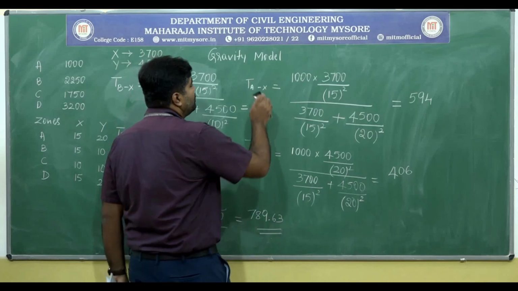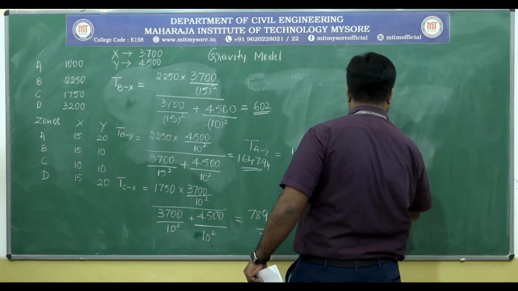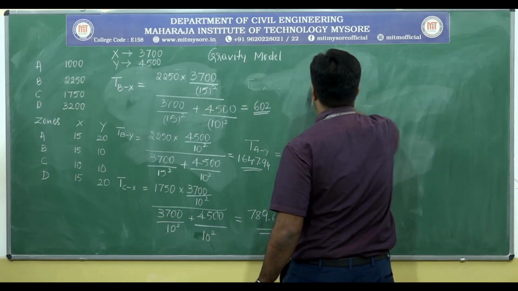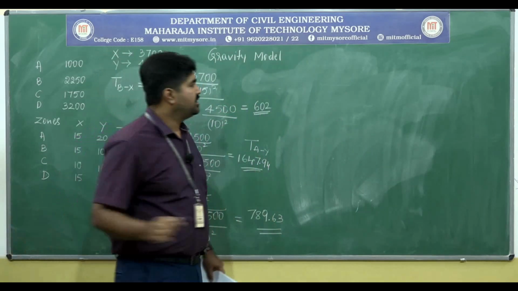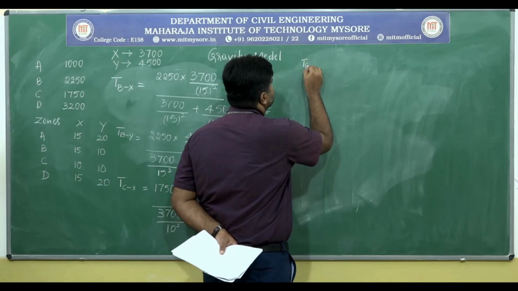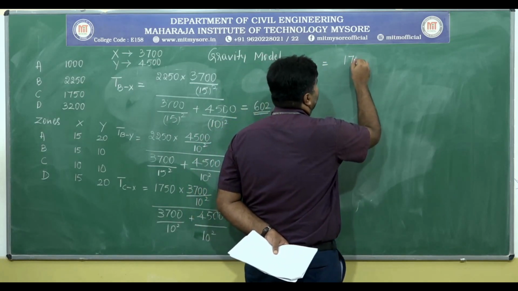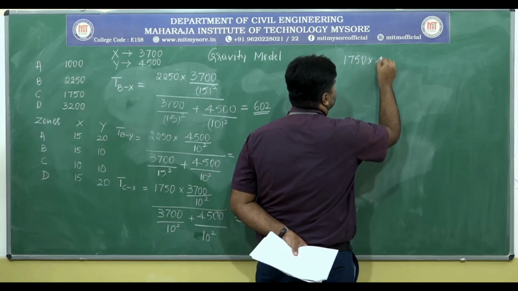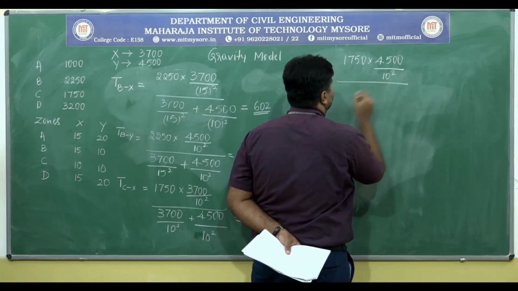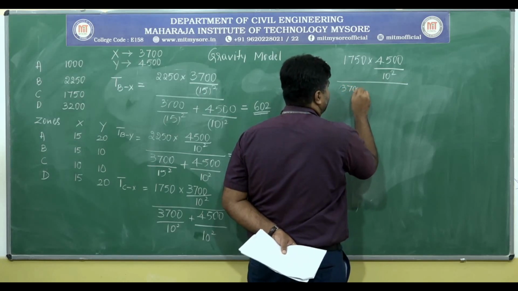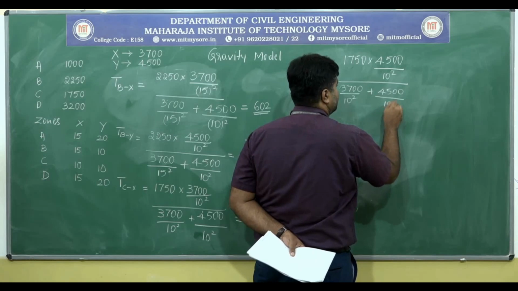For C2Y, see the trips generated in zone C, that is 1750, and it is attracting to industrial estate Y, that is 4500 divided by the time taken, that is 10 square, divided by 3700 divided by 10 square plus 4500 divided by 10 square.